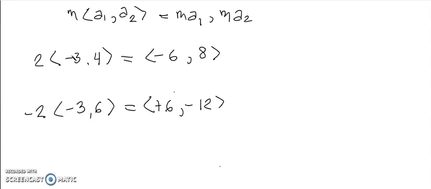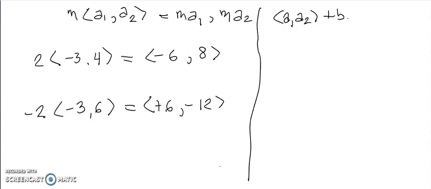So what you're going to do is only distribute. Okay, for example, in addition as well. In addition of vectors, you only add the vector given a1 and a2 plus b1 and b2.